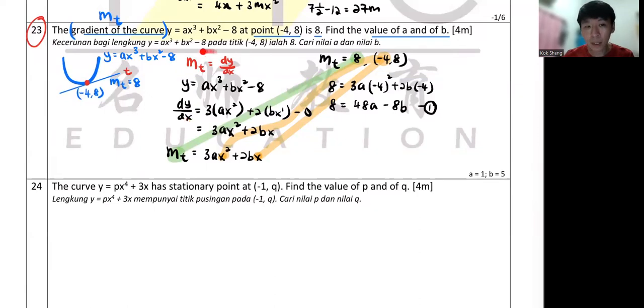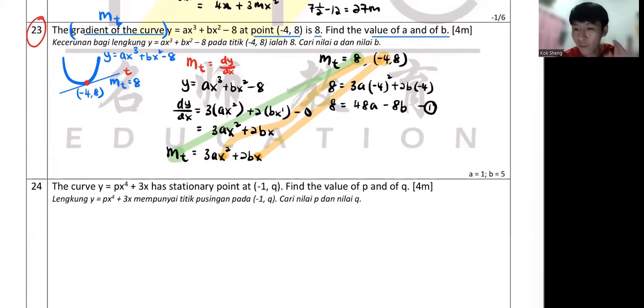Because based on mt equals to dy dx. So the first equation actually is come from the dy dx. So which means the original equation of the curve, we actually not yet using it, the curve equation.